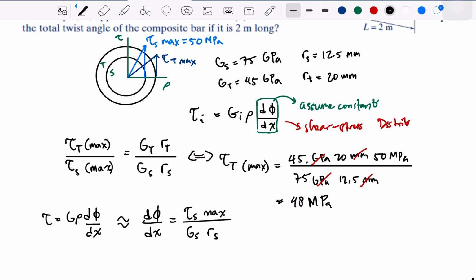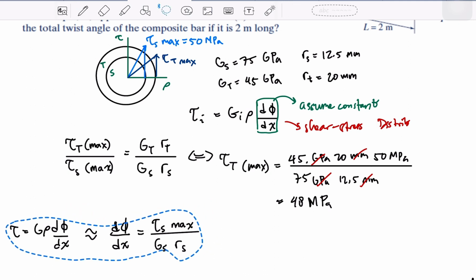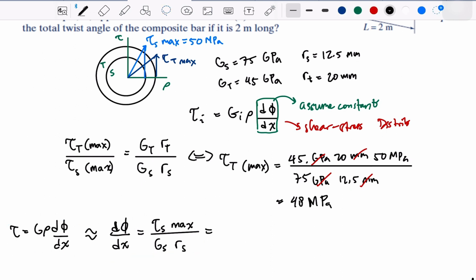So the angular change is tau divided by G and then multiplied by dr. So this will be equal to 50 MPa, divided by 75 GPa, and then multiplied by 12.5 millimeter.